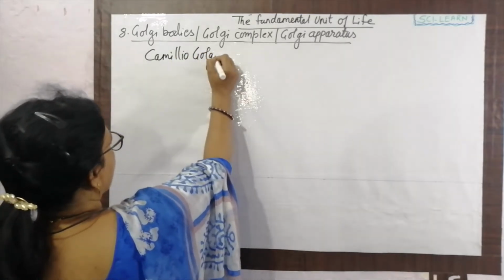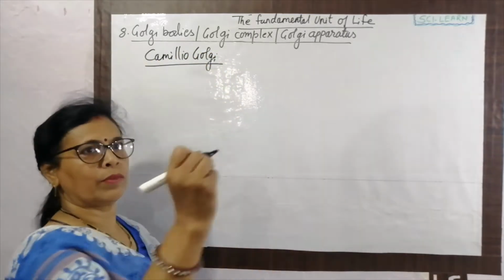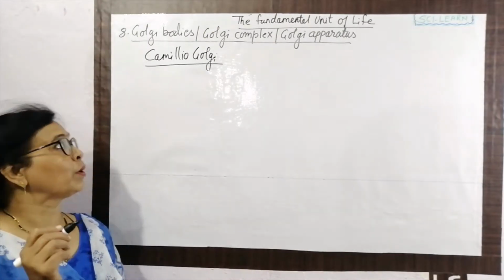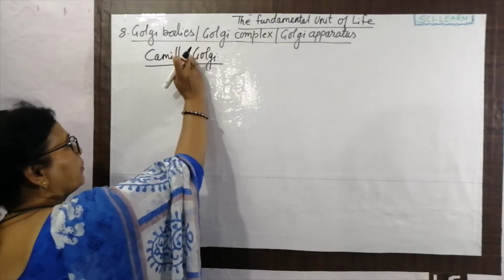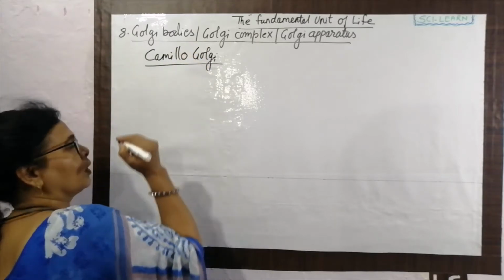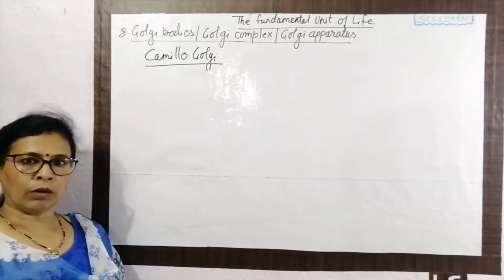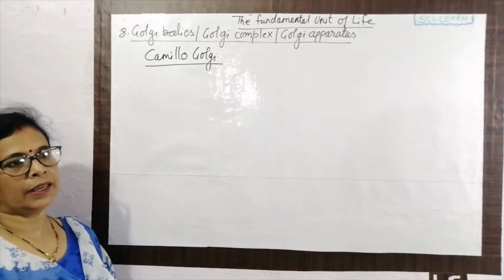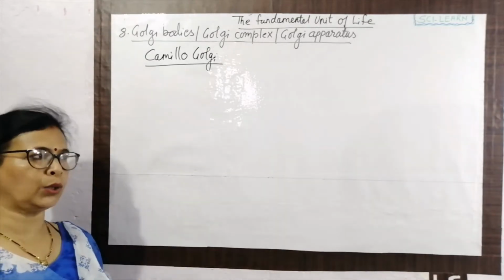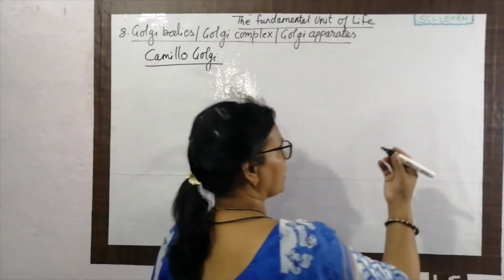That's why we call it the Golgi complex, because it was discovered by Camillo Golgi. So it is called the Golgi complex, Golgi bodies, or Golgi apparatus. It is placed outside the nucleus. You know where the nucleus is.